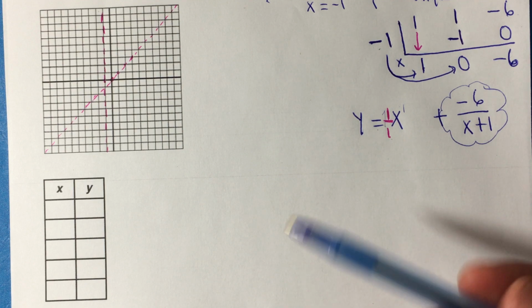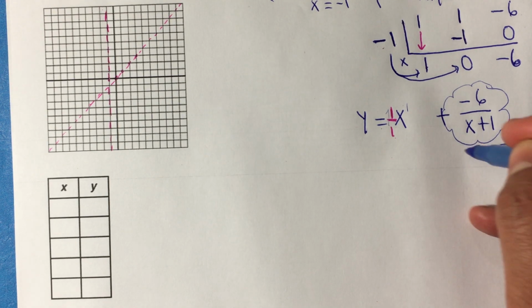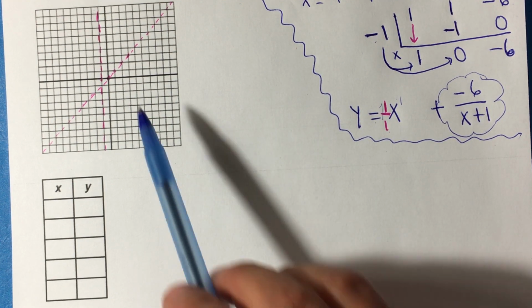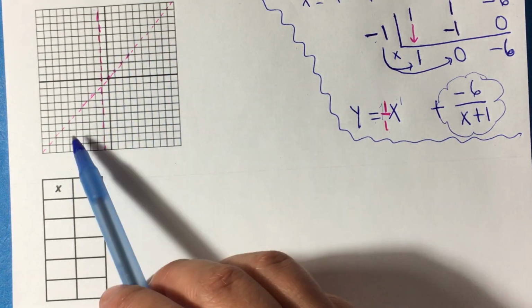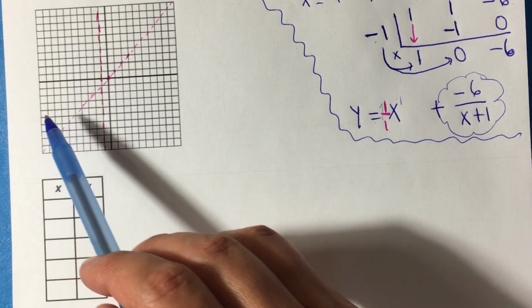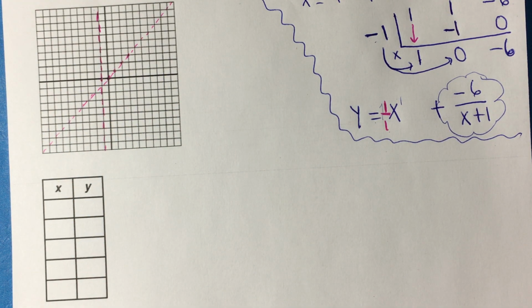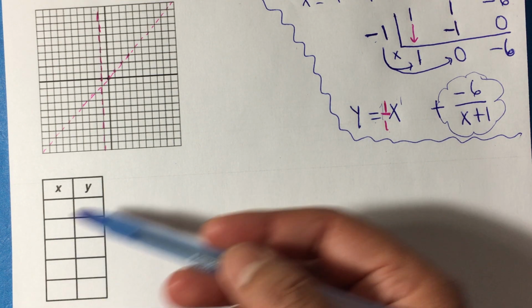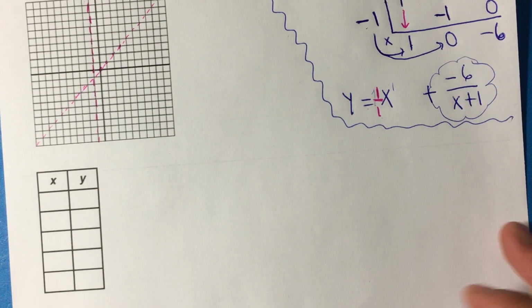So what we're going to be doing in this lesson is we will do both. Let's find the x and y-intercepts to guide us if the graph goes here, here, or here and here. Okay, so let's find the x-intercepts and y-intercepts just to guide us on where that would be. But then at the same time, we will check with specific points, like we have done in the past.